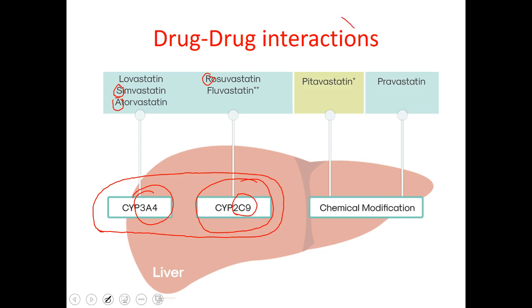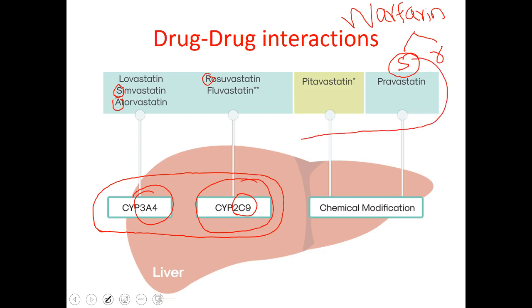Good, warfarin. Warfarin has two enantiomers, S and R. S is 3 times more potent than R, and that S isomer is metabolized by 2C9, and there I introduced you to a terminology called pharmacogenetics, the genetic differences that cause variation in the drug response.